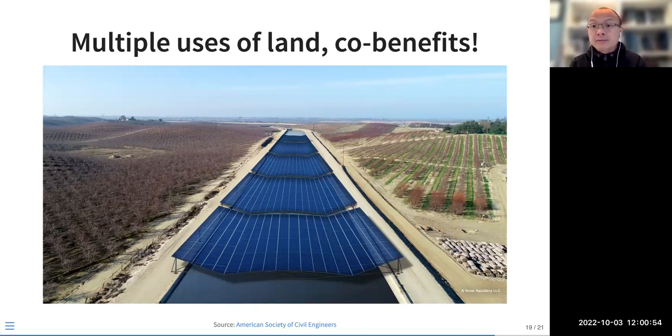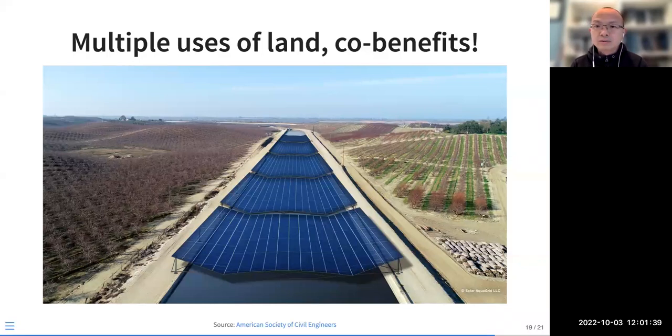The integrated solar PV is integrated into already existing infrastructures such as buildings, rooftops, airports, commercial buildings. And this one example is on a canal in California as a concept that uses the open space of the canal to build the solar panel, which generates electricity, and the cover also reduces the evaporation, and that saves water.